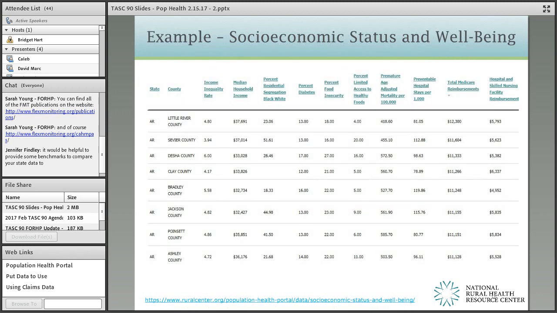And this one is exploring health-related outcomes, including diabetes rates, premature mortality rates, and then also healthcare costs, preventable hospital stays, poor mental health days in relationship to socioeconomic measures such as household income, food insecurity, and race. And this information is from the county health rankings, as well as the Dartmouth Atlas for the Medicare costs.